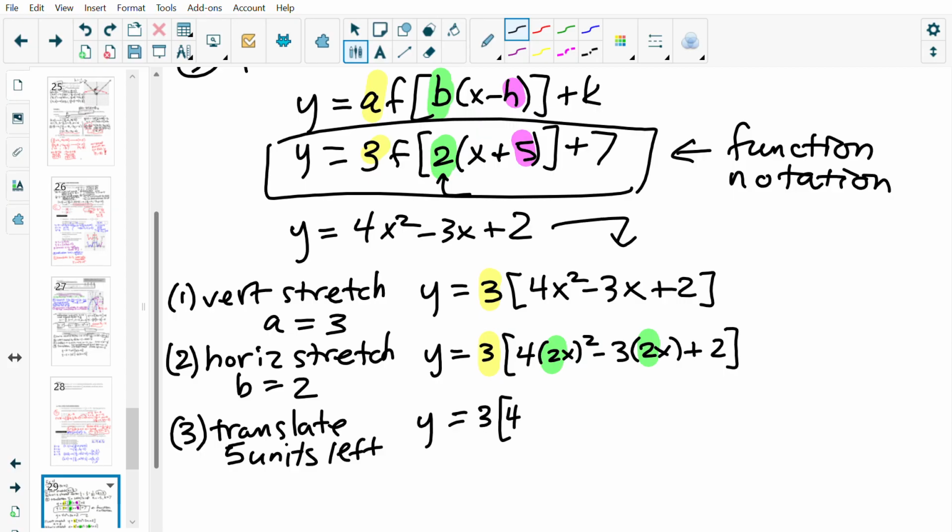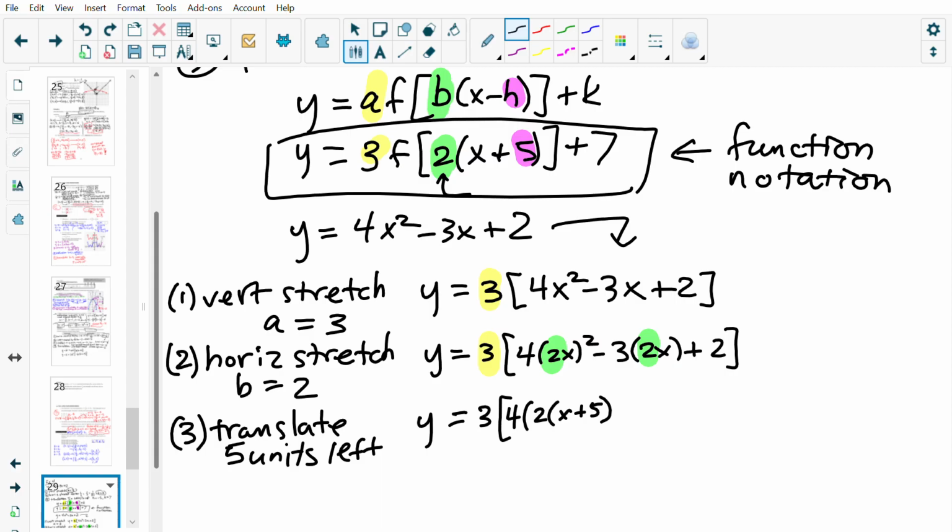Y equals 3 times 4 times 2 times, right? The x value is the part getting the translation, not the 2x, right? So 2 times x plus 5, and then we need to square that.